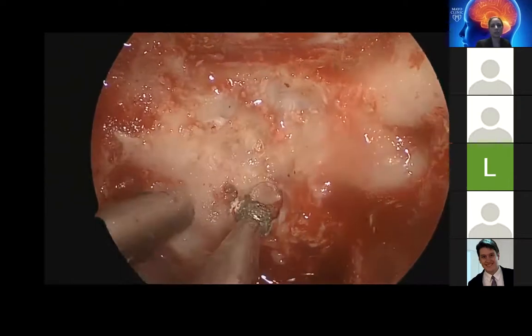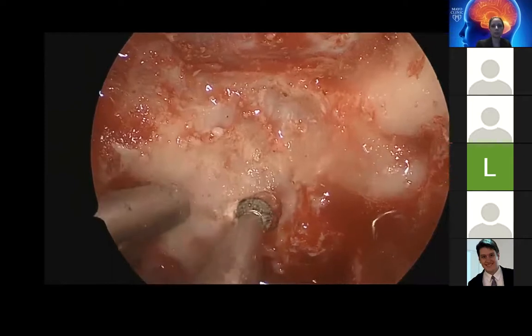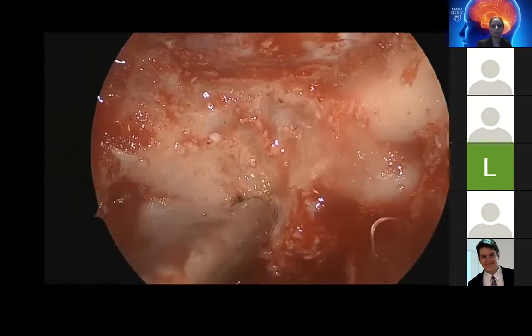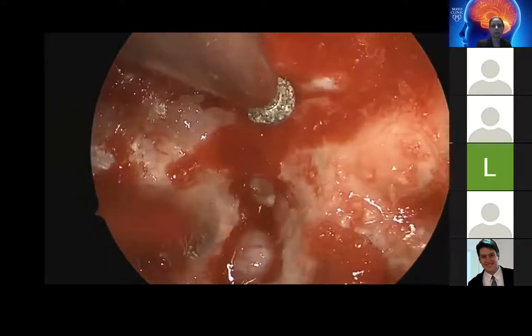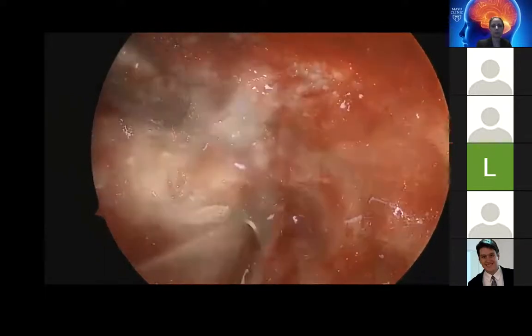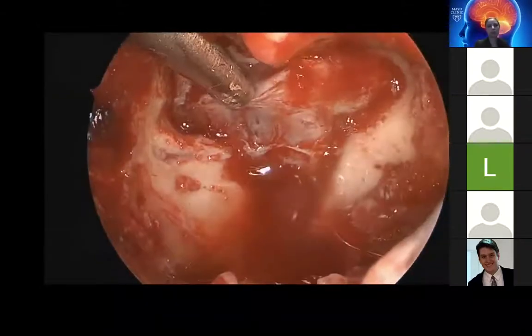And this is just drilling to expose the sella. Just drilling the tuberculum. And also opening the optic canal and decompressing.